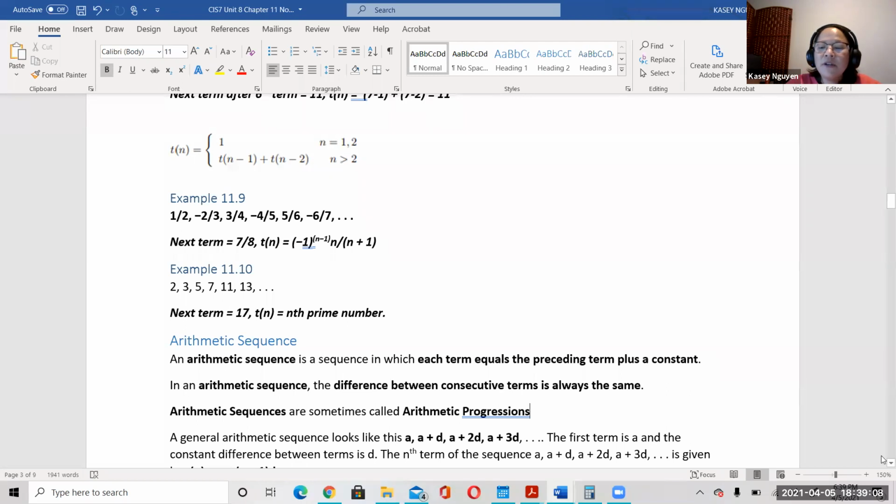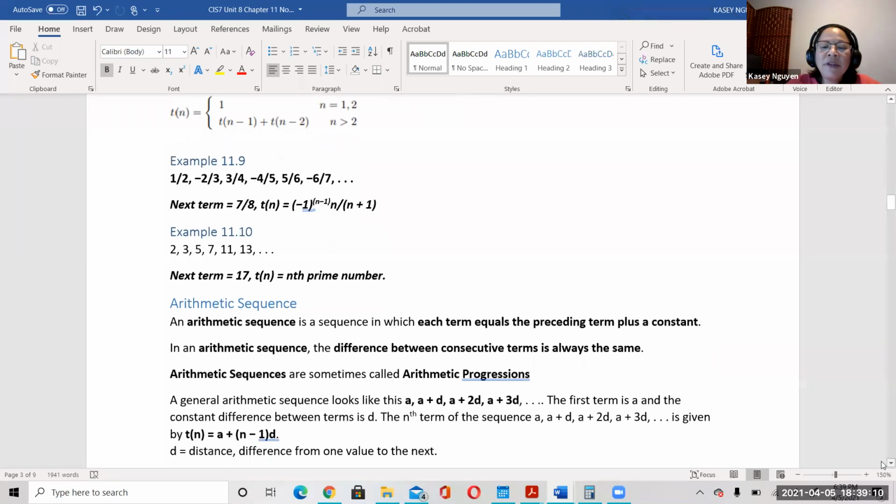When we look at how it's written, we start with the first term, which is a. Then we add the constant, which is d. The third term will be a plus 2d, then a plus 3d, then a plus 4d, and so on. Based on this, we can represent it as an equation.